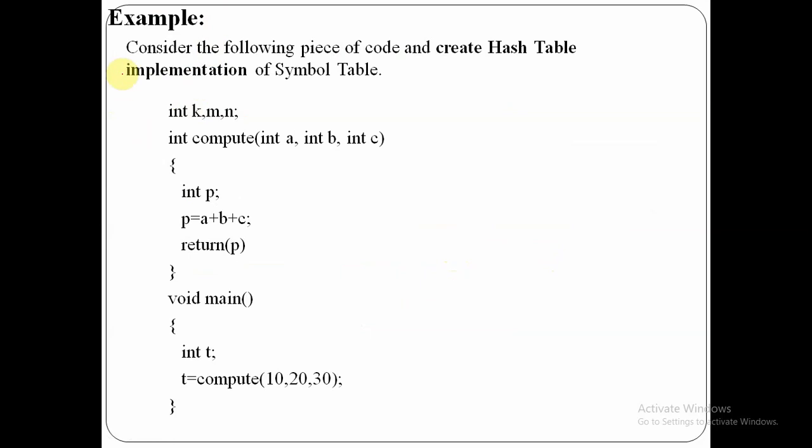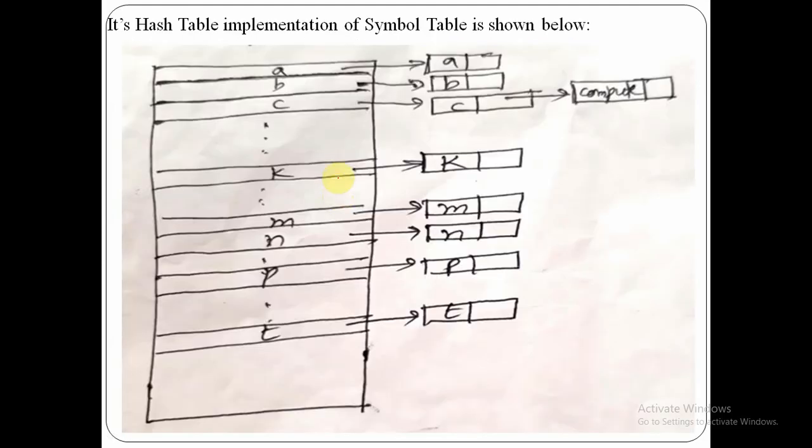For example, take the code given below and try to create a hash table implementation of the symbol table. Here also the same identifiers are there: k, m, n, a, b, c, and compute, thereafter p, and then t. So for this the table is going to be created as shown below. Here two tables exist, one is a hash table and one is a symbol table.